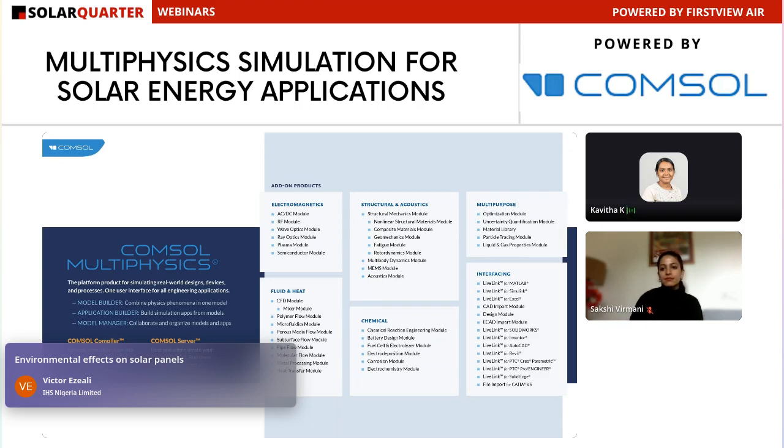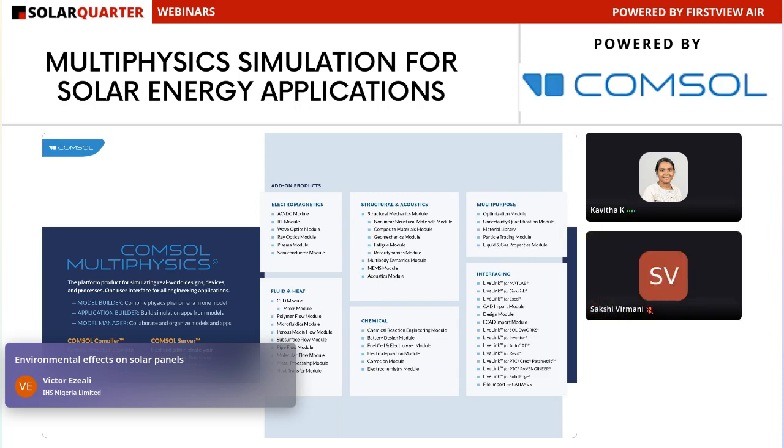As I mentioned, you can simulate different environmental phenomena, such as how corrosion or erosion is going to affect the glass panels of solar panels that are going to be deployed in a farm, or even a single solar panel, how the efficiency is going to be affected by the environmental effects, what type of material changes you can include, and how you can make your system more stable and robust.